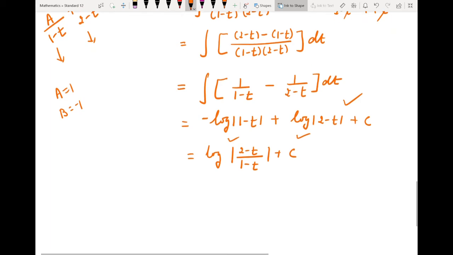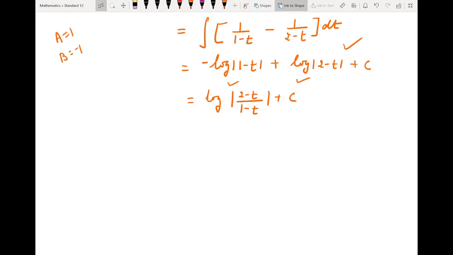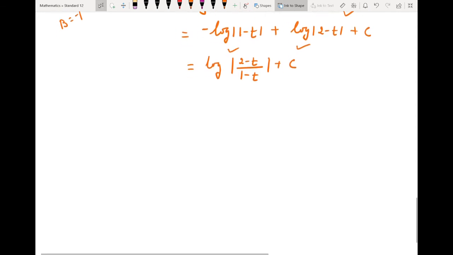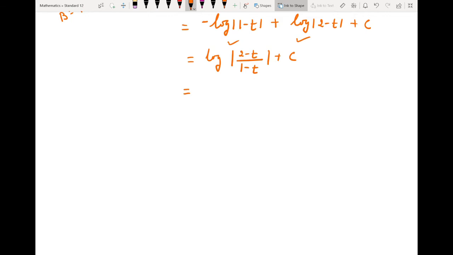Now we put the value of t because our original variable is x, so this is nothing but log mod of 2 minus sin x upon 1 minus sin x plus constant of integration.